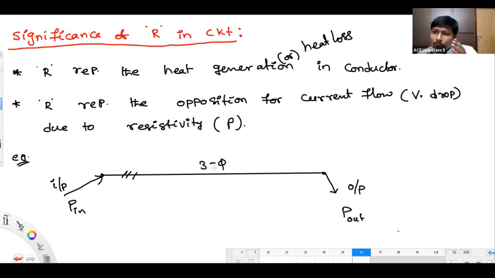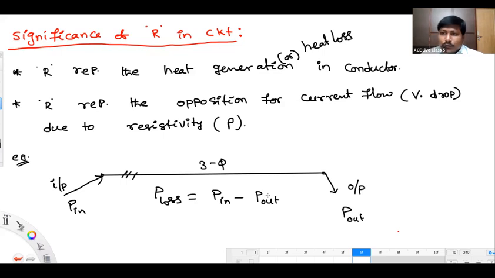So after knowing how much power you are getting as an output, and how much power you are giving as an input, definitely the difference between them, input minus output, is a power loss in the transmission line. Yes or no? So power loss in the transmission line is nothing but input minus output.